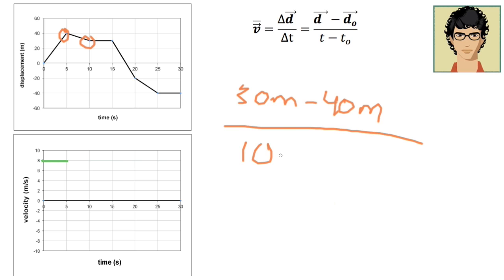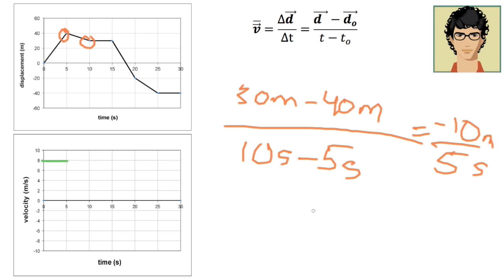We know the time interval is 5 seconds, but I'll show you again why: it's 10 seconds minus 5 seconds. Altogether, this equals negative 10 divided by 5. The units are meters per second, which equals negative 2 meters per second.